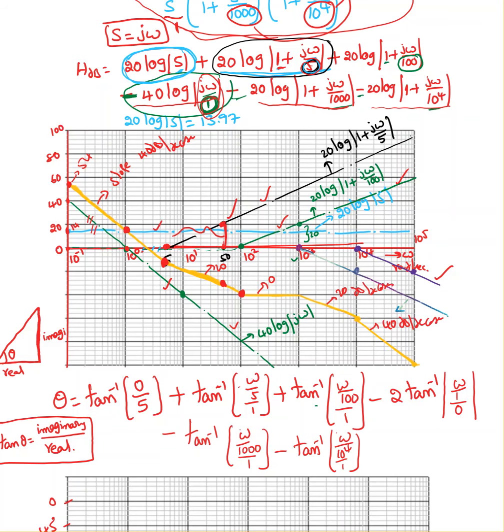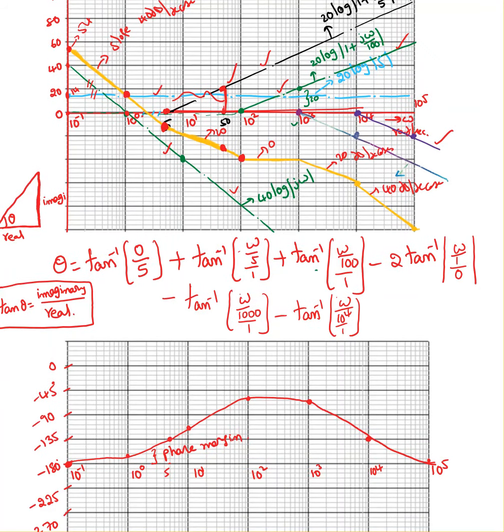Now to draw the theta line, theta equals tan inverse of 0 over 5 plus tan inverse of omega over 100 minus 2 tan inverse of omega over 1 minus tan inverse of omega over 1000 minus tan inverse of omega over 10 to the power of 4, because tan theta is nothing but imaginary over real. So imaginary for constant 5 is 0, and tan inverse of 0 is 0.